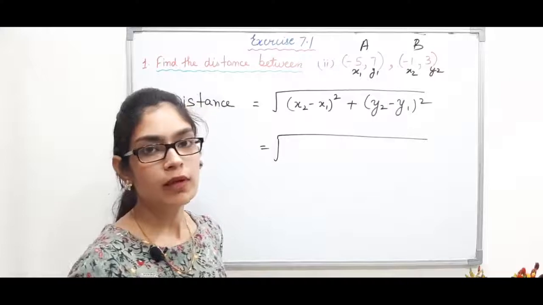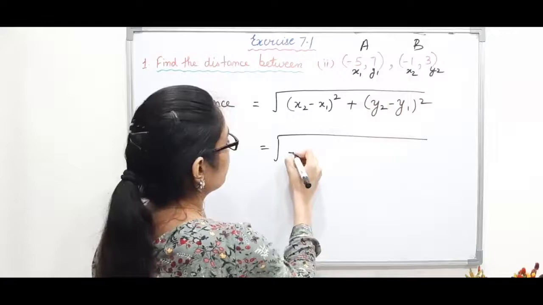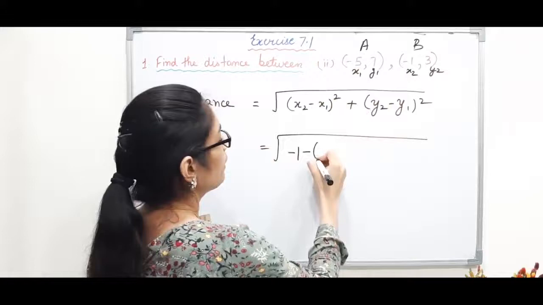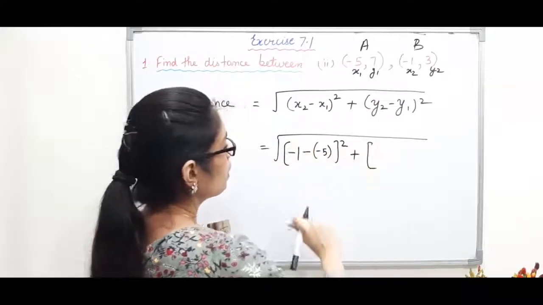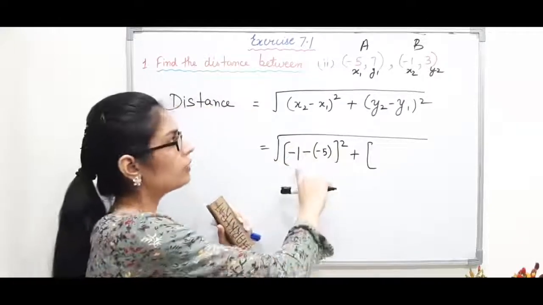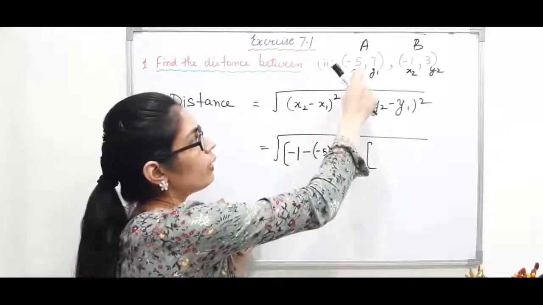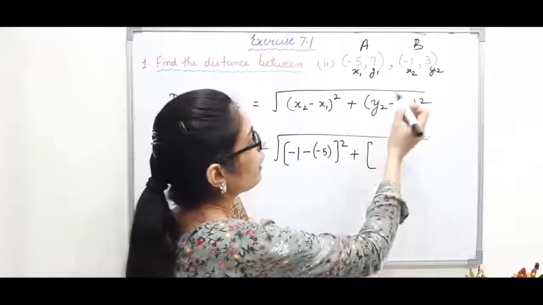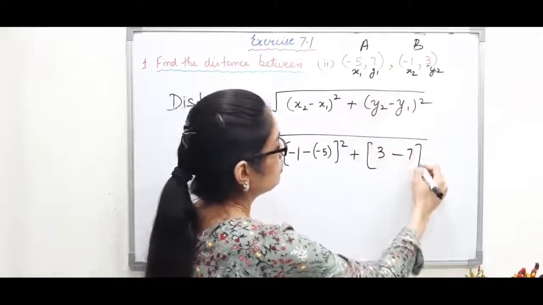So x2 is minus 1, x2 minus x1 is minus 1 minus of minus 5, whole square, plus, see, same numbers I have to write along with the signs. It's very important. y2, this is y2 which is 3, minus y1 which is 7, whole square.